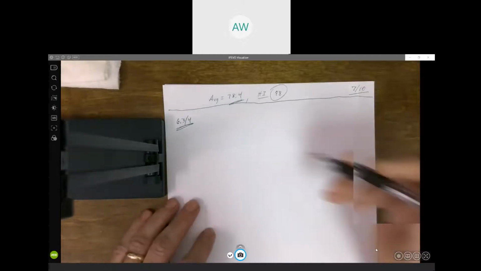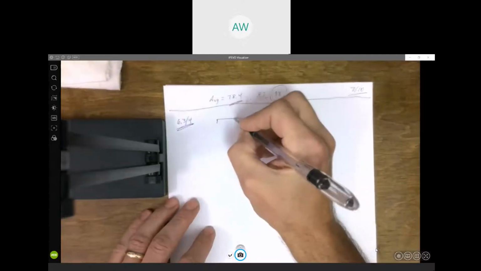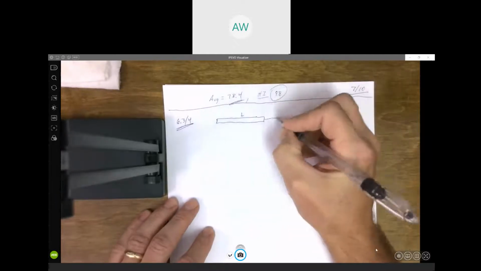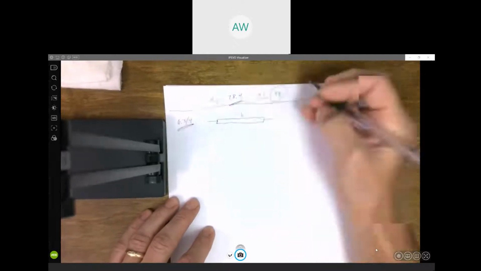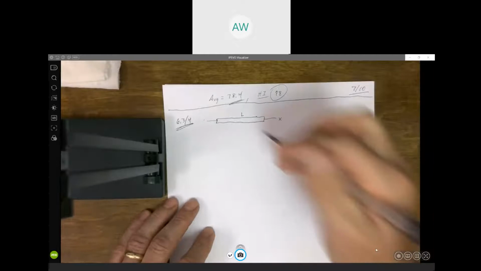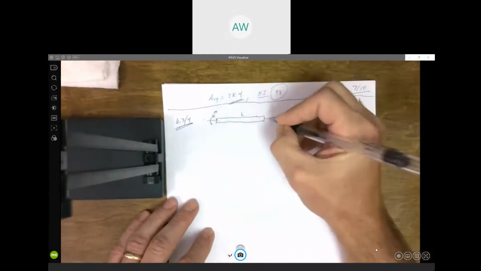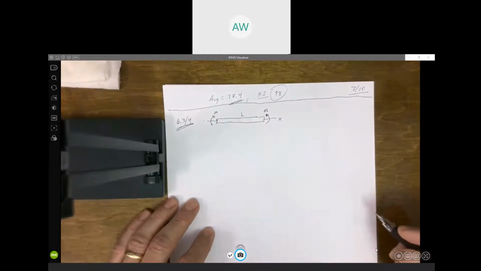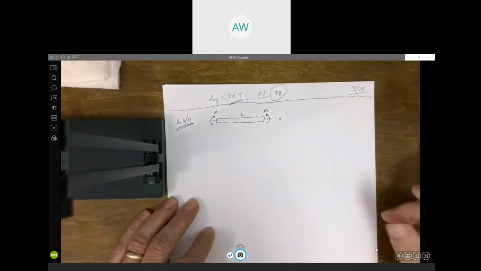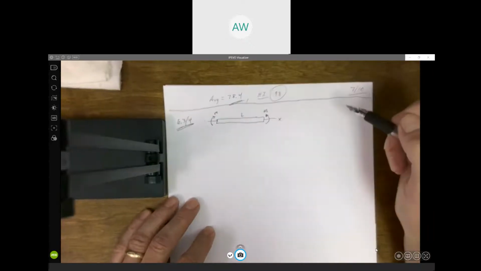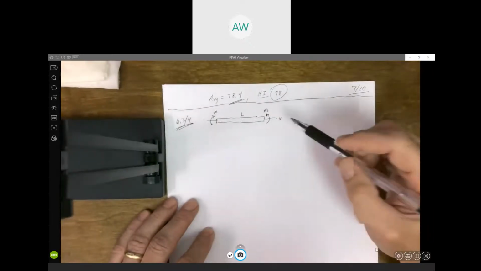So what we're looking at is a beam, some length L, and the x direction is the longitudinal axis, and if we apply a moment to bend this beam, we talked about yesterday when it causes this thing to deform.